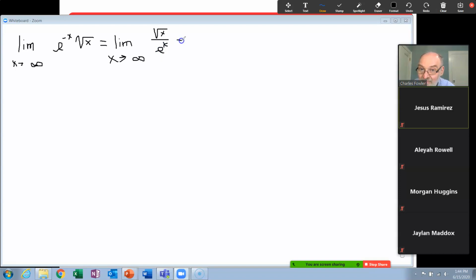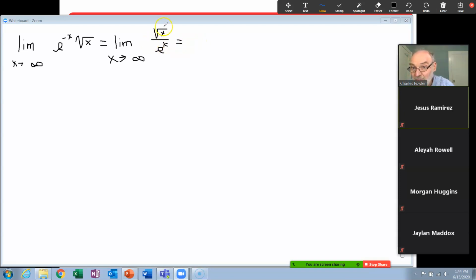Now, as x is going to infinity, square root of x is going to infinity, e to the x is really going to infinity. So I can just look at this and almost guarantee you that's going to 0, because e to the x goes to infinity much faster than square root of x does. Okay, they both go to infinity. e to the x gets there much quicker. Goes way faster. Okay, but let's do it.